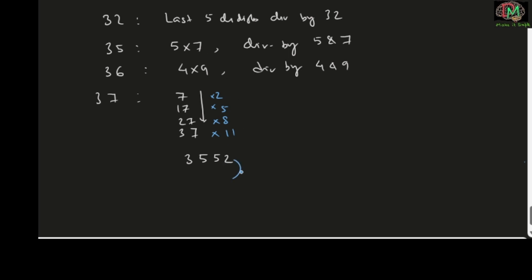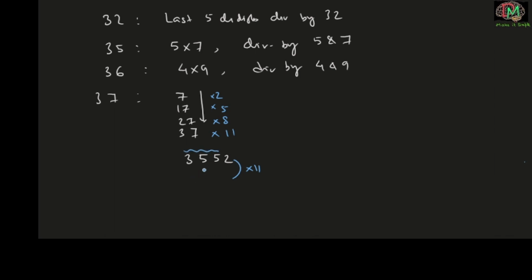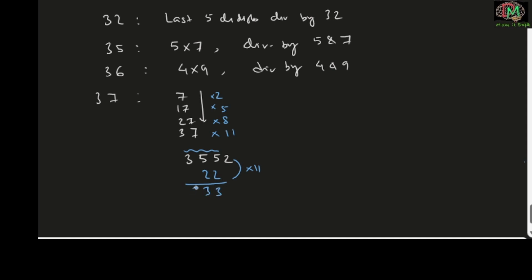What you have to do is multiply the last digit by 11 and deduct it from the rest of the digits. So it will be 22, it will be 333, then multiply by 11, we get 33 and 0, and we know that 0 is divisible by any number, so it is also divisible by 37. So we can say that the given number 3552 is divisible by 37.